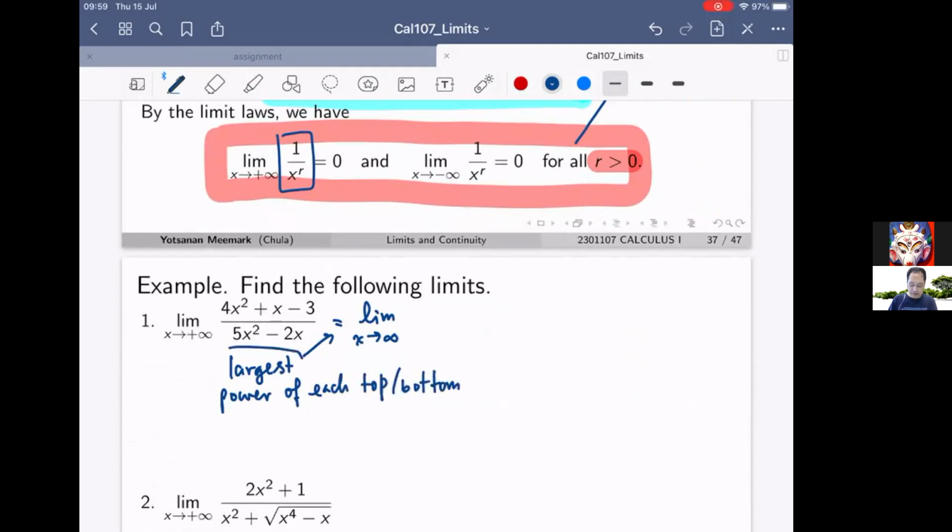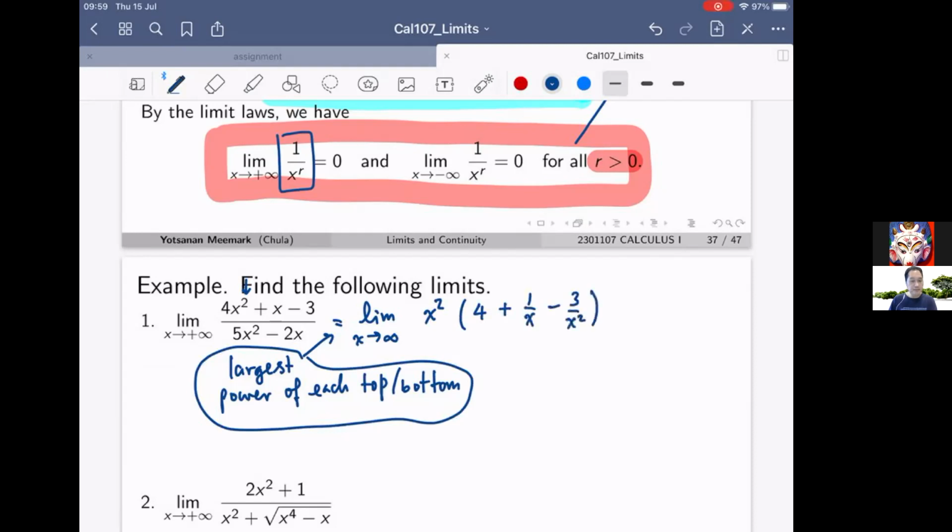So for this one, the largest power is x squared. So we pull out the x squared from the top. So we have 4, we have 1 over x, we get 3 over x squared.